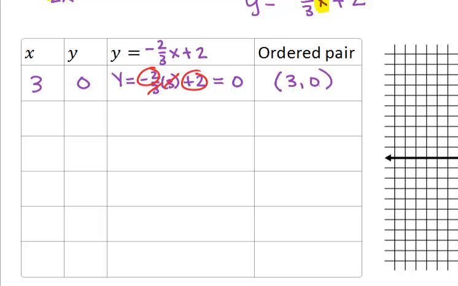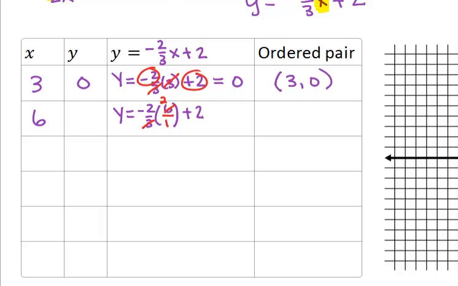Alright, let's select another x value. Again, a multiple of 3. Let us pick 6. So I have y is equal to negative 2/3 times 6 plus 2. Or maybe you want to think about this as 6 over 1. Then you can do it as 6 divided by 3 gives me 2.